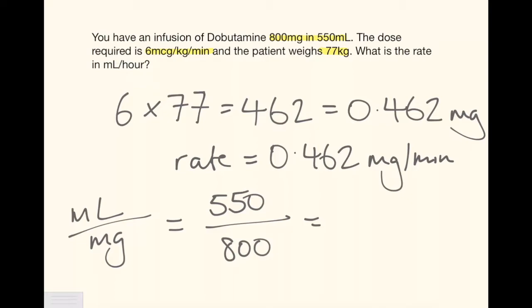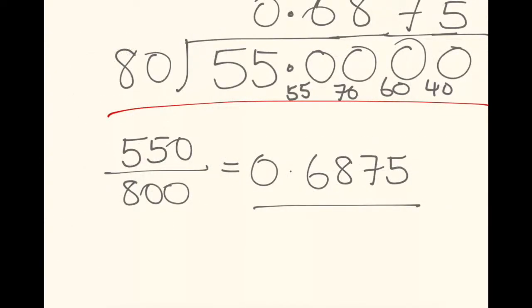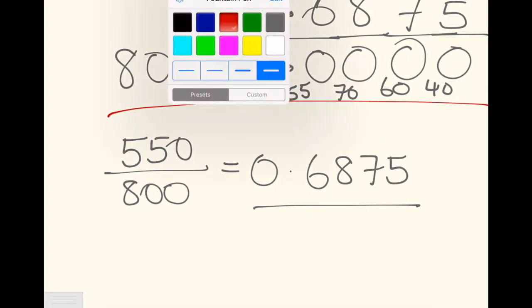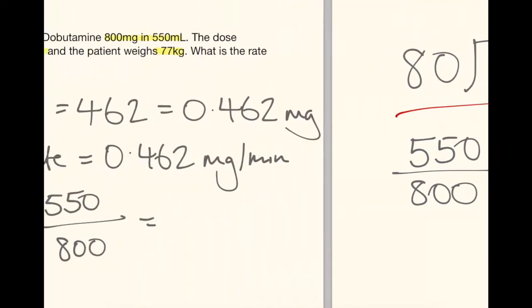Again, you can see how complicated this is getting without estimation. That's why I'm going to go through how to estimate this problem completely mentally in a minute. Okay, so I'm doing this operation, 550 divided by 800, and I'm going to work that out on paper. Okay, so answer is 0.6875, and remember what that answer meant?